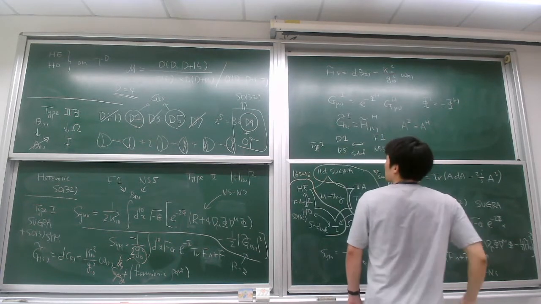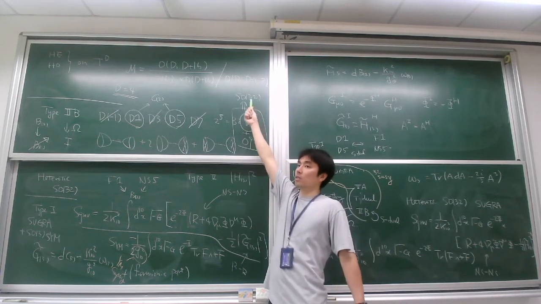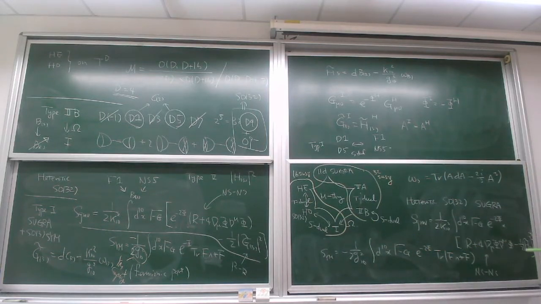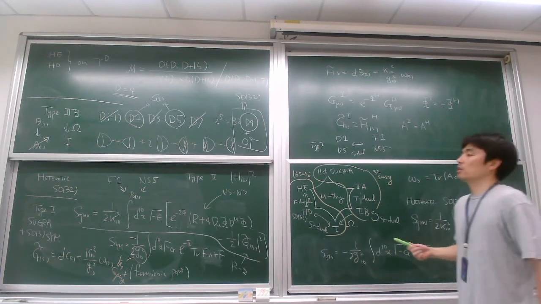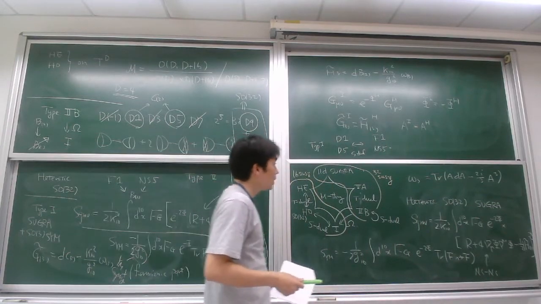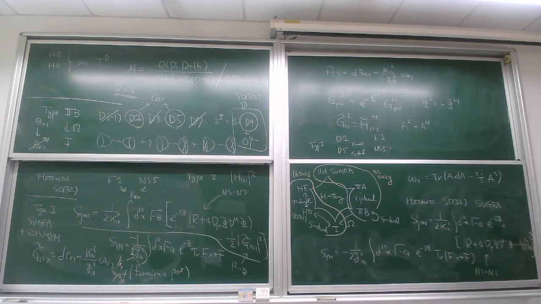Okay? And this D9 and the O9 minus just give rise to SO32 Yamada. So therefore, it's space filling, and space filling will give you just the same super Yamada action. So therefore, it's consistent.